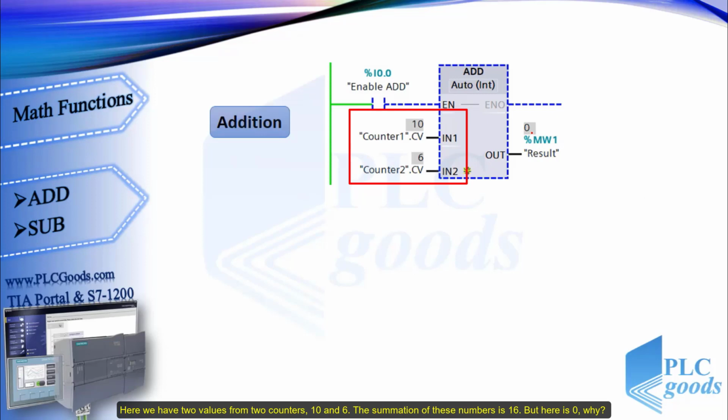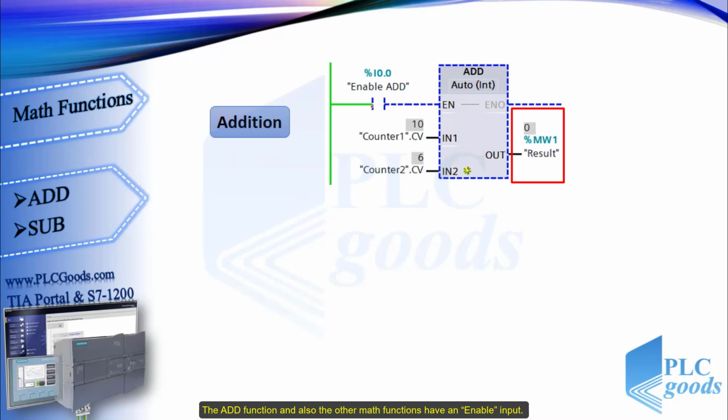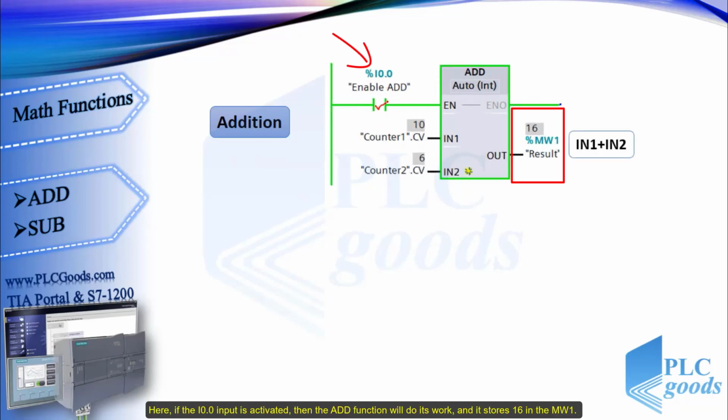The summation of these numbers is 16, but here is 0. Why? The add function and also the other math functions have an enable input. Here, if the I0.0 input is activated, then the add function will do its work and it stores 16 in the MW1.